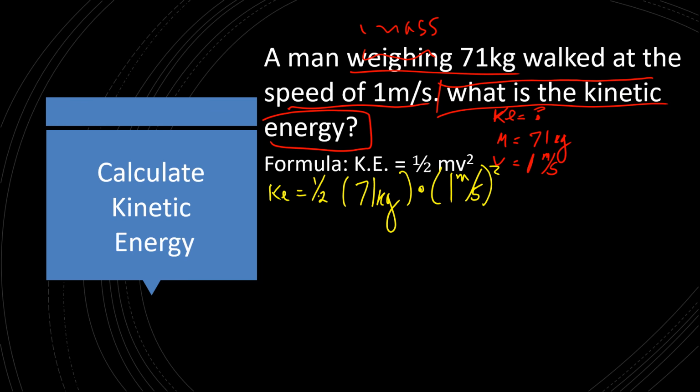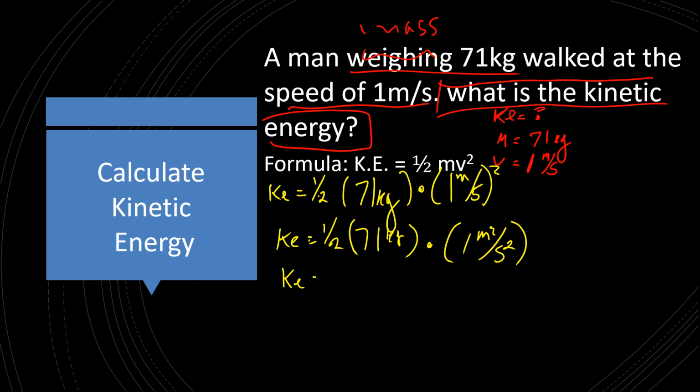I could put the exponent up there being 1,000, it's still 1. So KE equals 1/2 times 71 kilograms times 1 squared over second squared. So that makes our next step really easy.